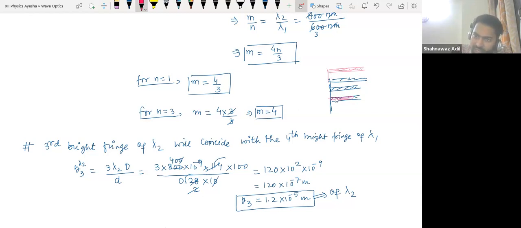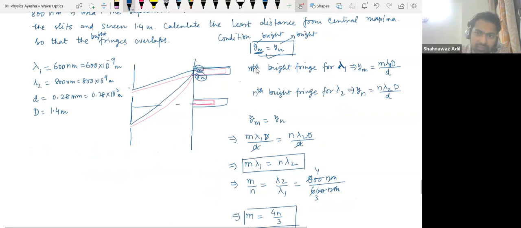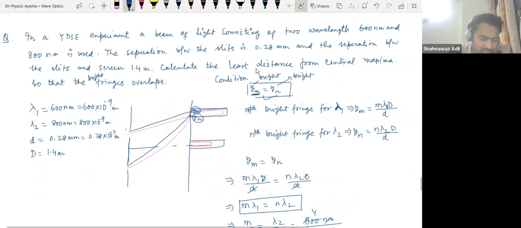This was the third one for this one, and the fourth one for this blue one, right? So in there we'll get the position, the separation from the central bright fringe. So is this question clear, guys? Okay, you guys, please note it down, and then we will start.